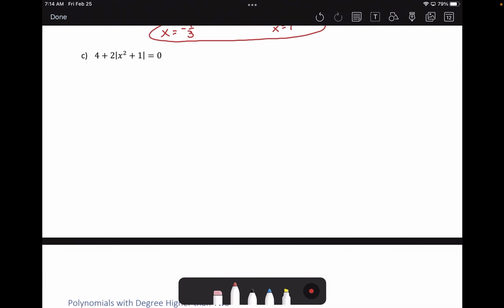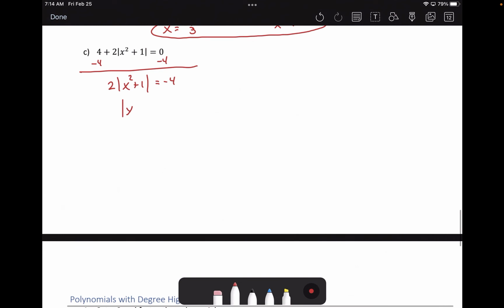In our next example, again, we need to first isolate the absolute value bars. So subtract 4 on both sides, and then divide by 2. Dividing by 2 leaves us with the absolute value of x squared plus 1 equals -2.